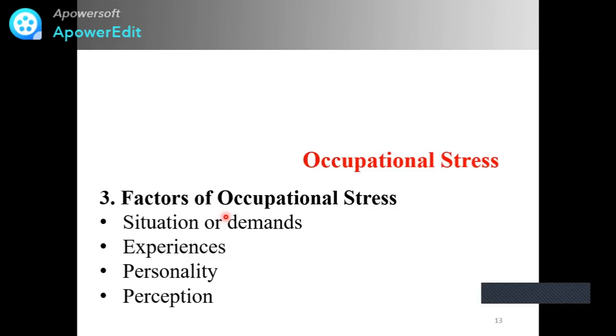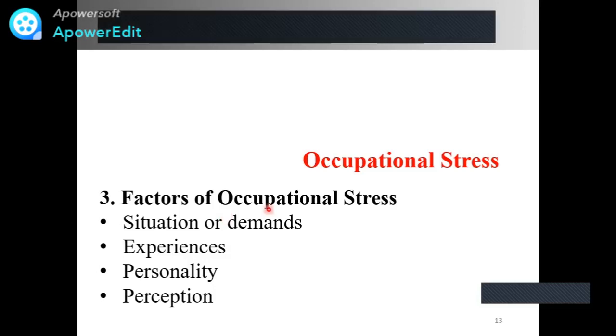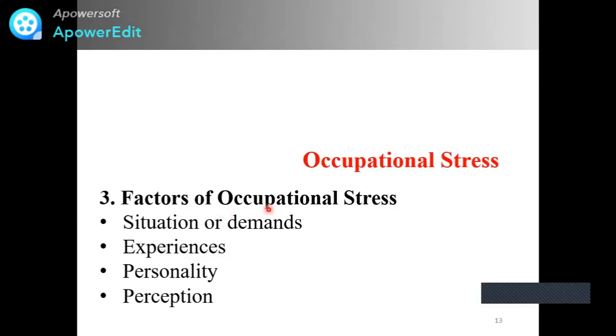Otherwise, a poor personality leads to more stress when more demands come. The last one, perception. How do you perceive the situation, person or event? It depends on your ability to perceive it. Right perception leads to low stress and wrong perception makes high stress.